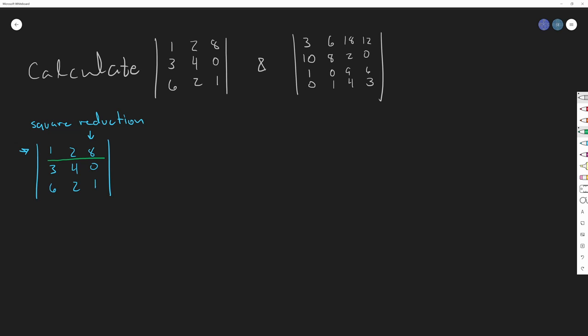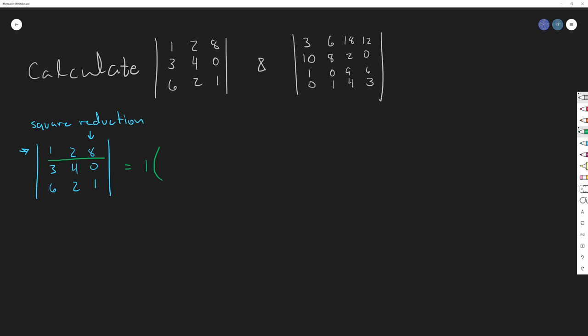So if we pick a row, to find its determinant you get the first element that you come across, which in this case is in the first column. Then you multiply it by the determinant of a 2x2.